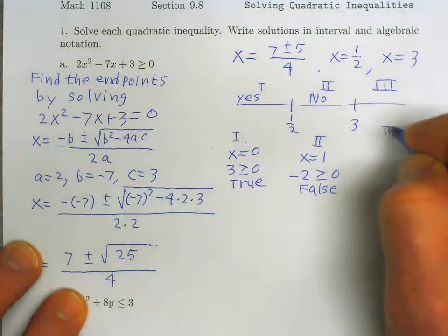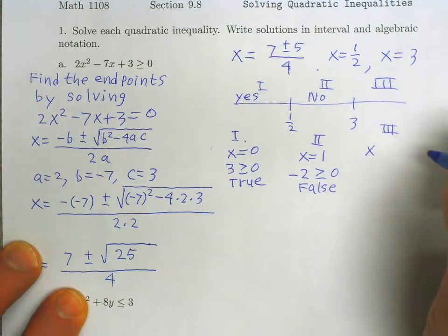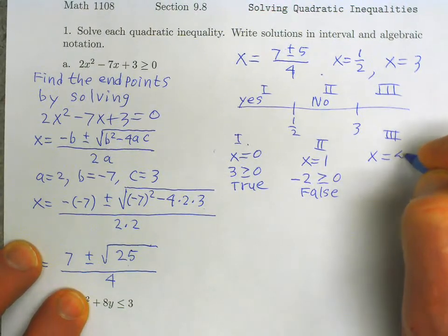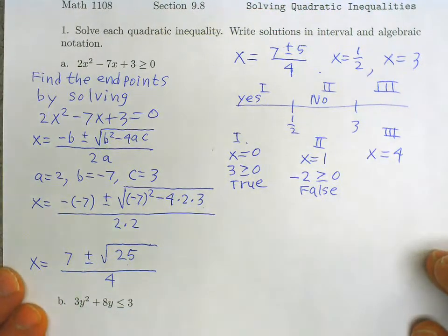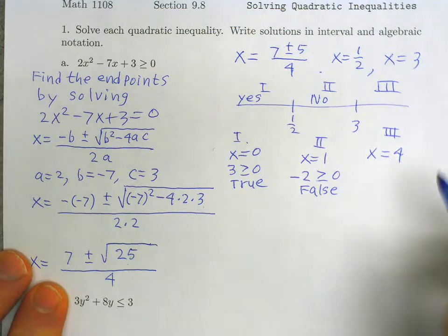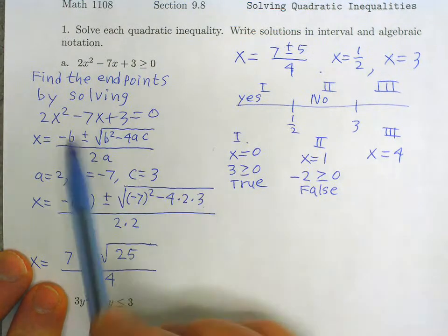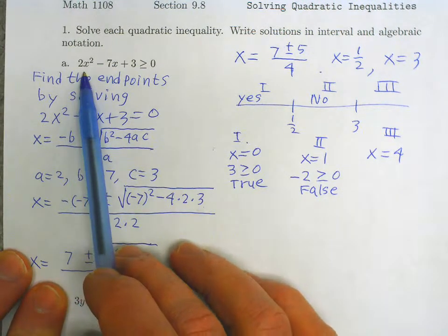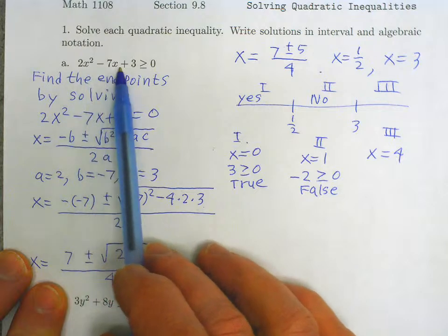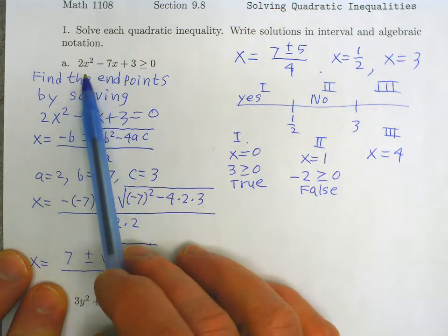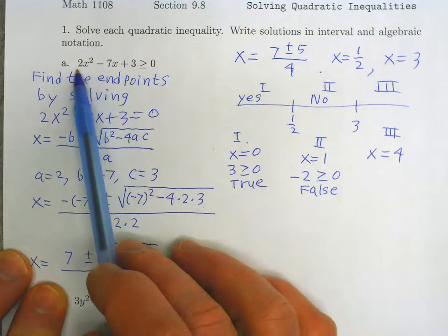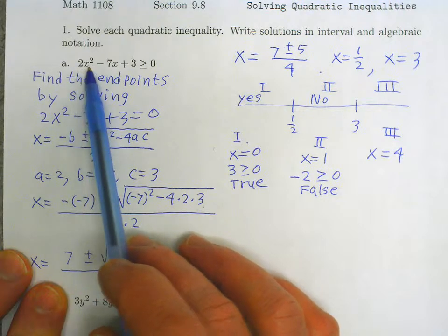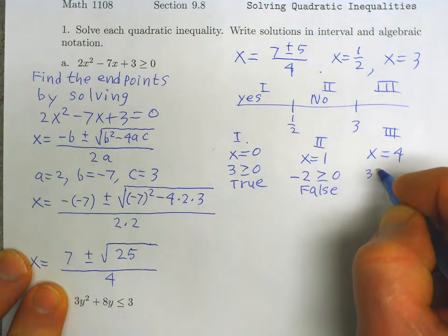In the third interval, pick any number you want greater than 3. So I'll pick x to be 4. Okay, so this time there's a little more arithmetic involved. Replace every x with 4. So 2 times 4 squared is 2 times 16, and 2 times 16 is 32.